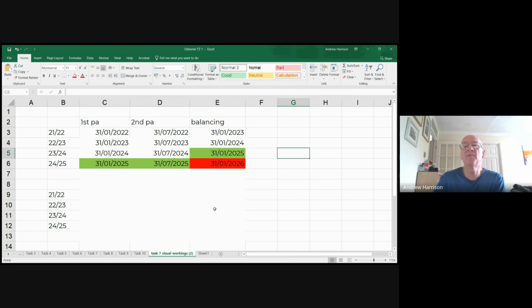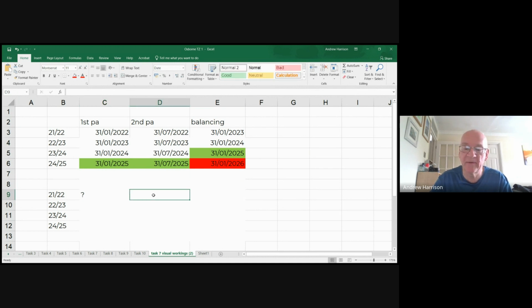So now what we've got to do is work out the amounts. In the question, we've got the amounts. 2021 was 12,100. Of which some would have been, for this financial year, some of it would already have been paid, but we don't know how much would have been paid because we need to know the previous year's tax bill.